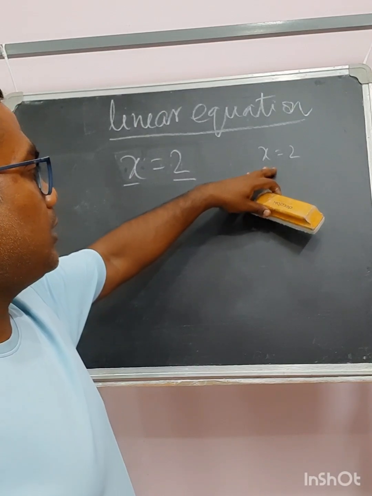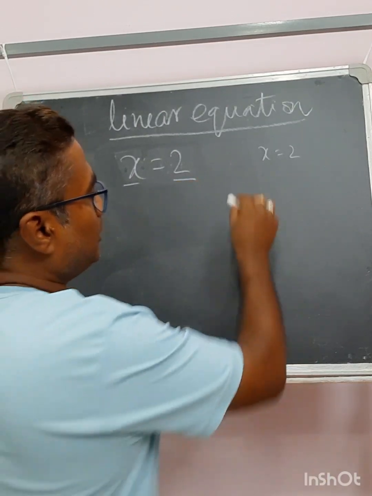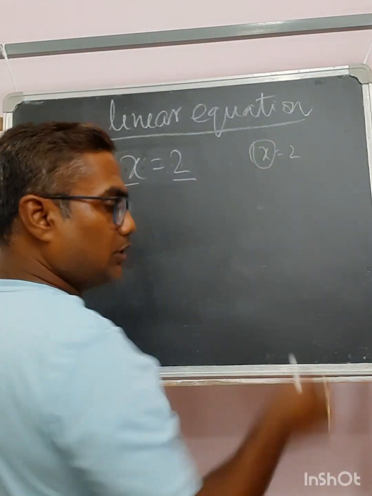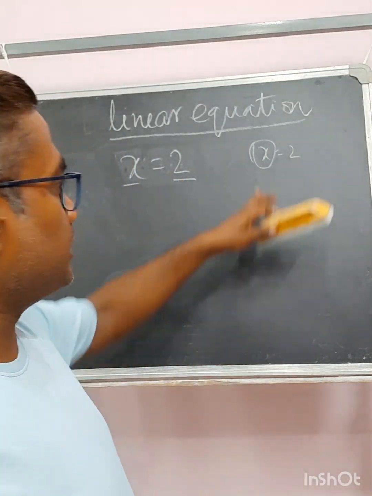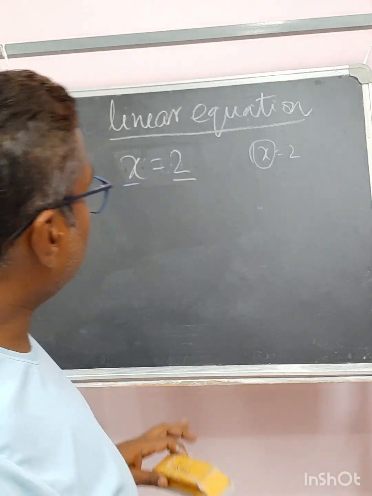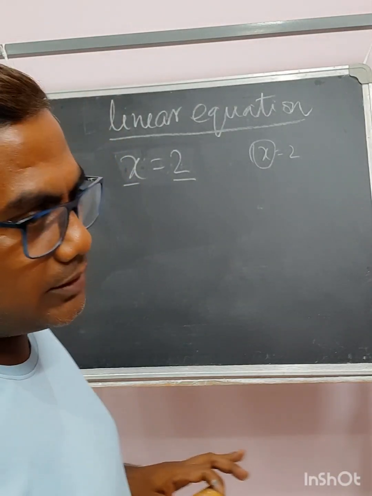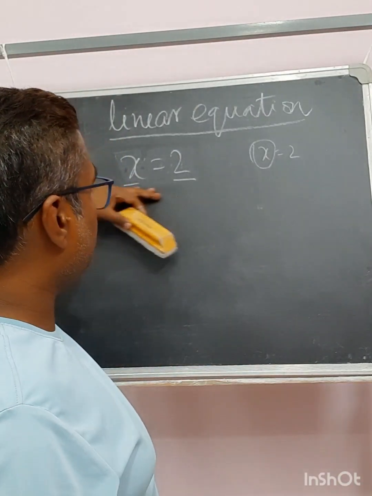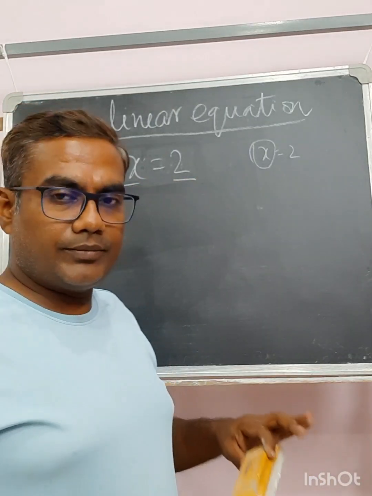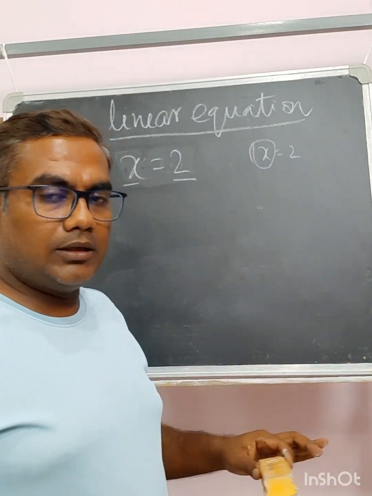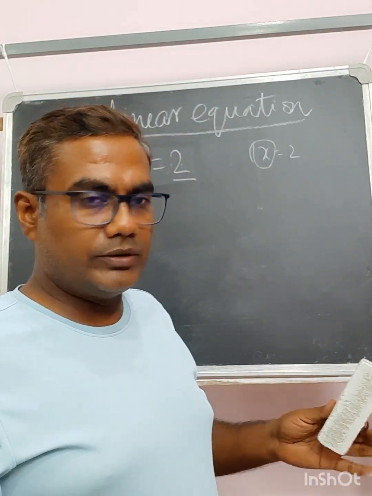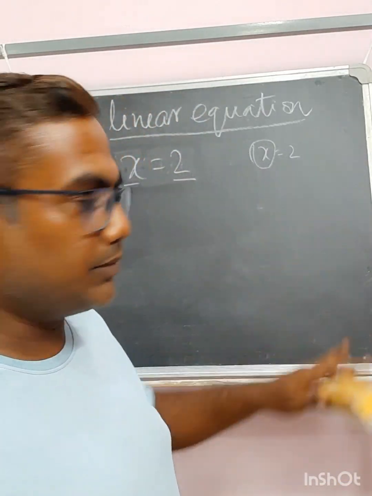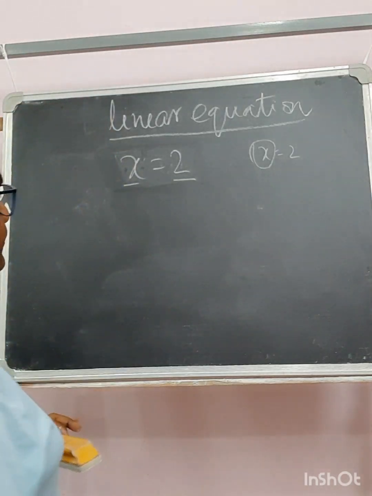But then why do you call it a variable? Because there is only one value for which that equation is satisfied. But still I am saying it is an equation. You have to understand that this kind of relation or equation is derived from a physical condition or physical parameter.